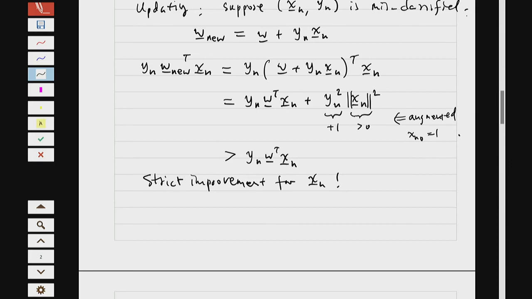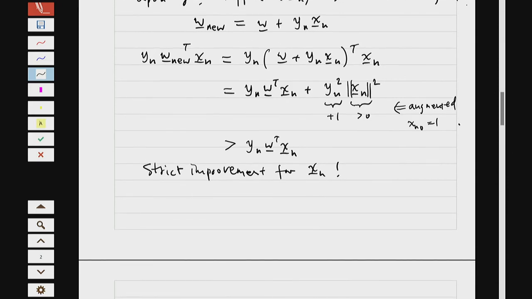We make strict improvement only on this one point, the misclassified point. In fact, there's no guarantee that this new W does not make the other points worse. So this is only an intuitive explanation of why it works. It is not a formal proof, because we cannot guarantee that the other points get better. So just make a note about this, be careful.